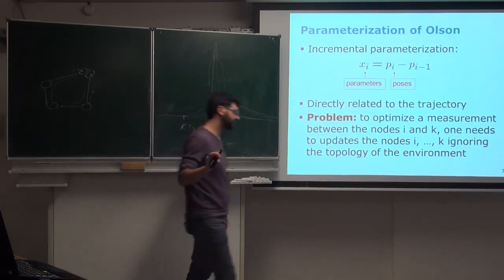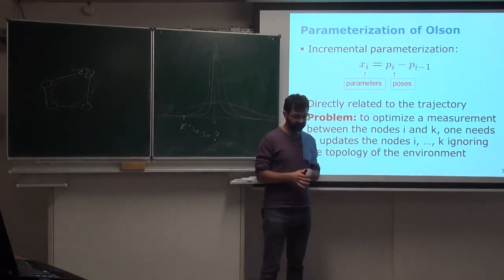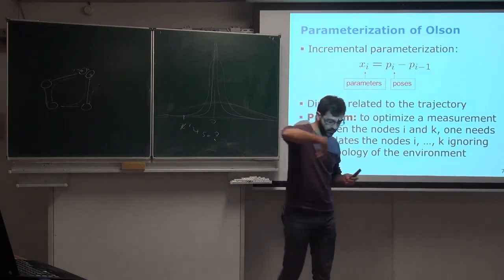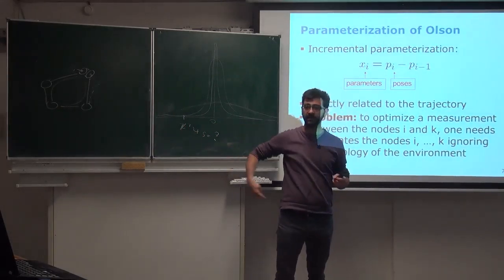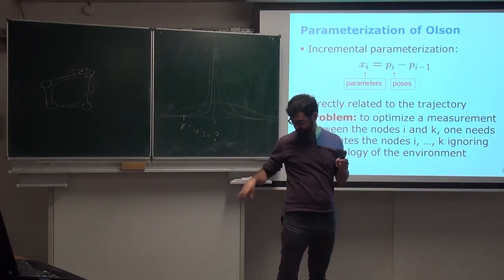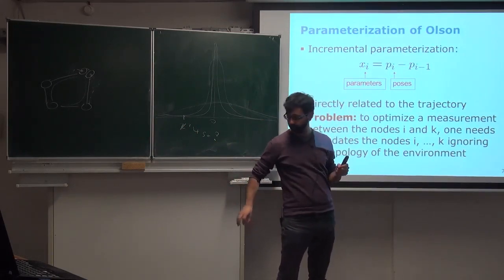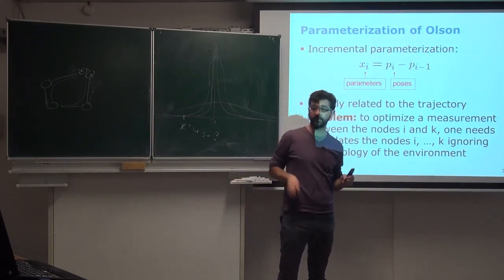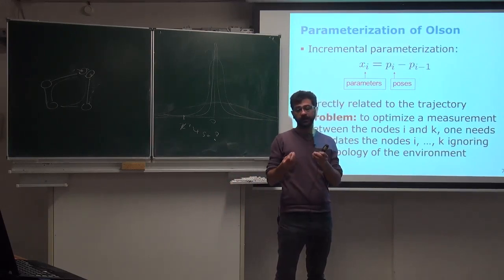You will see later on what it means, but if you go over and over and then come back here, the relative parameterization of the nodes very close to me will be with the one before and not with the one right now. So the connectivity in some way is not taken into consideration.